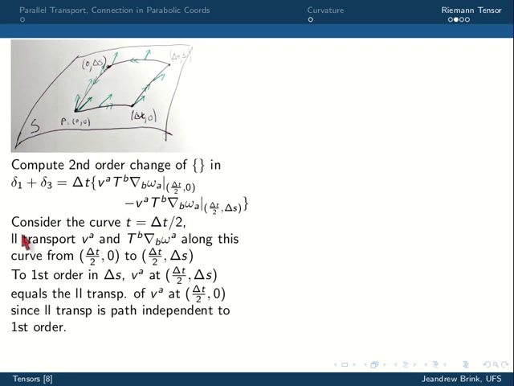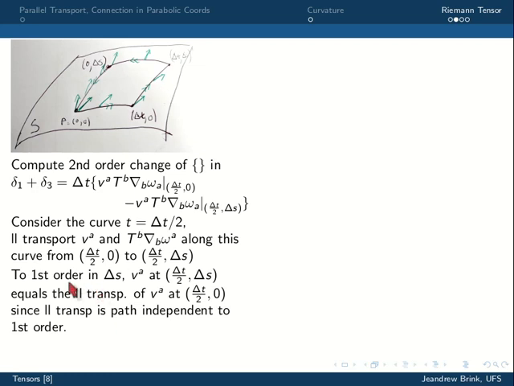And so what we're going to do is parallel transport V A along the curve from delta T over 2, 0 to delta T over 2, delta S. Okay, so delta T over 2, T0 is there, and we're going to parallel transport it along there.